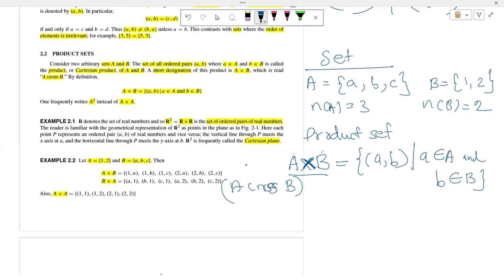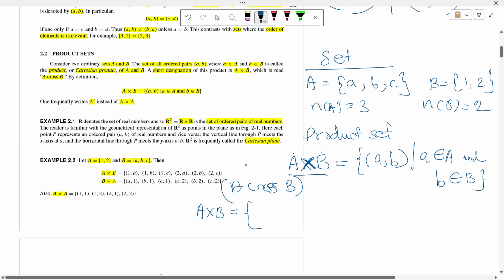So here A contains three elements, B contains two elements. If I ask you to write A cross B, you need to take one element from A and another element from B, then create an ordered pair. That way you can write all the possible pairs. That is called the product set.